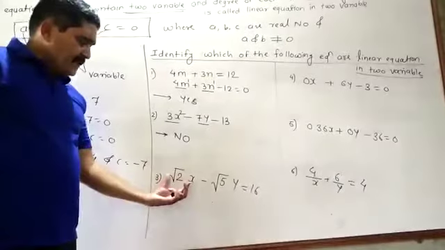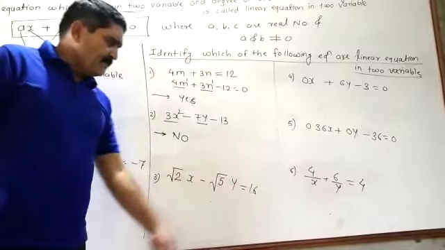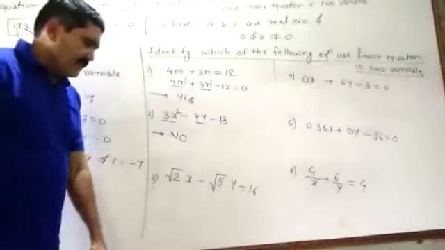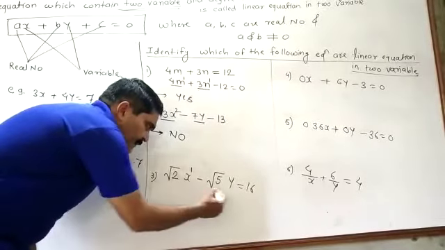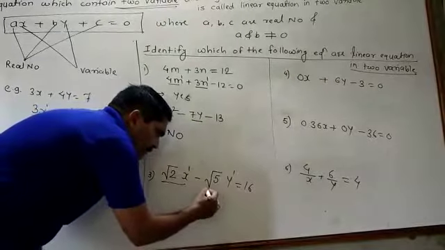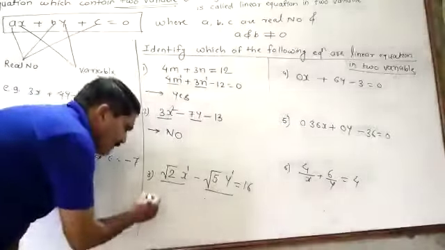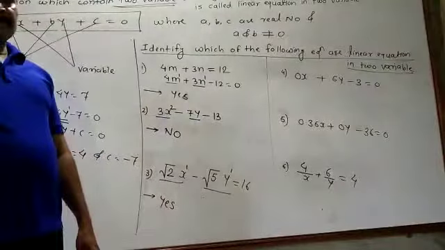So is this a linear equation or not? The index of the variable x is 1, the index of the variable y is 1, and the degree of each term is 1. So I will say that this is a linear equation in two variables.